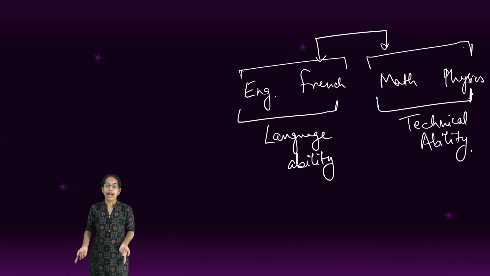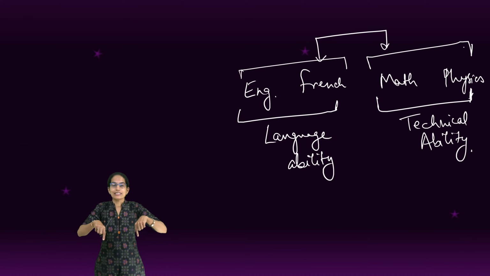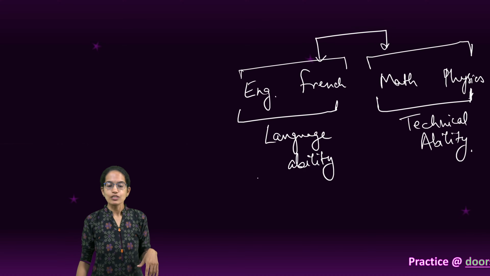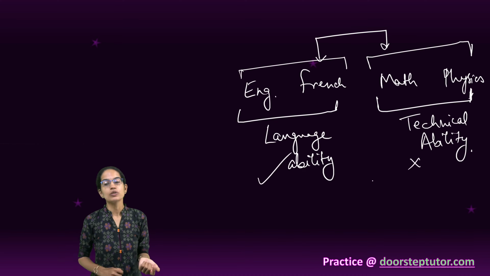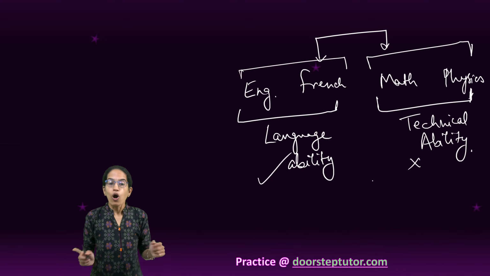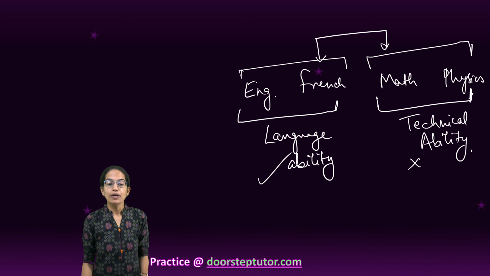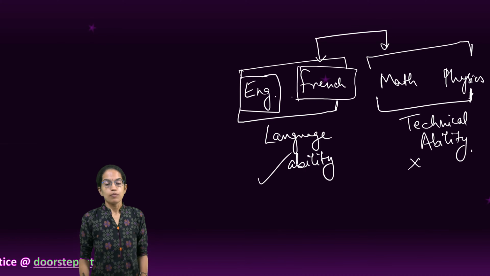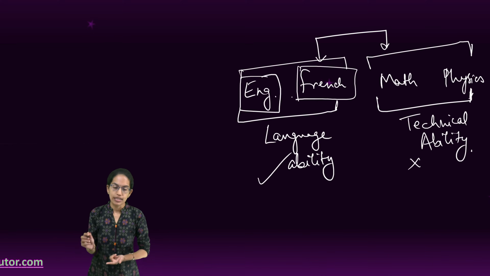On the other hand, we can also understand intergroup differences. For example, I can say the person has good language ability but not that good technical abilities. Or I can also say the person is good at English but not that good at French. Probably good at one language, not good at another language.